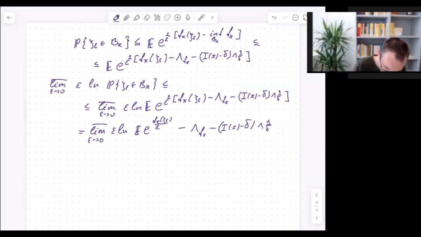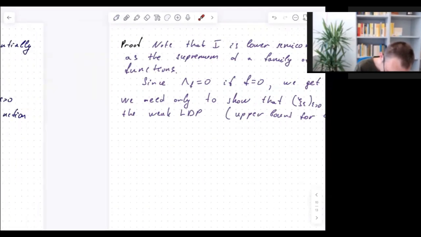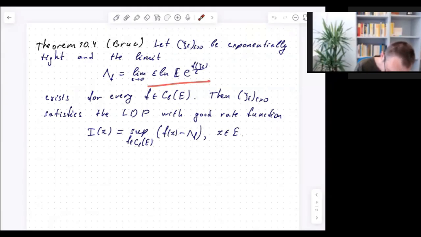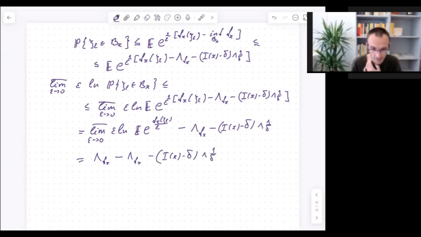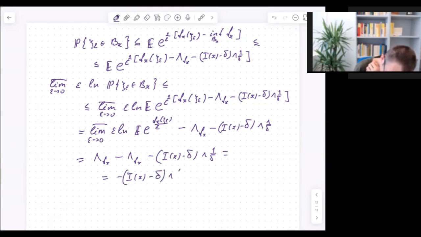And we can use the assumption of the proposition, namely that this limit exists and is equal to lambda f. So we will have just lambda f(x) minus lambda f(x) minus the indicator I(x minus delta), minimum 1 over delta, and it is equal to minus I(x minus delta), minimum 1 over delta.